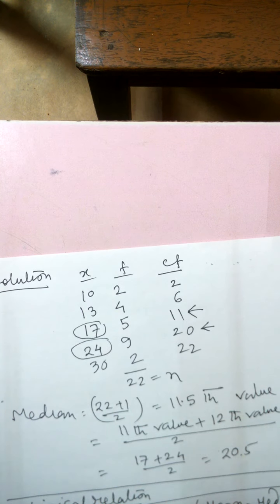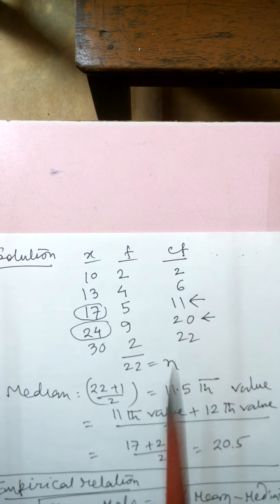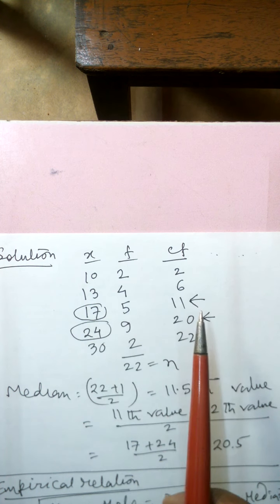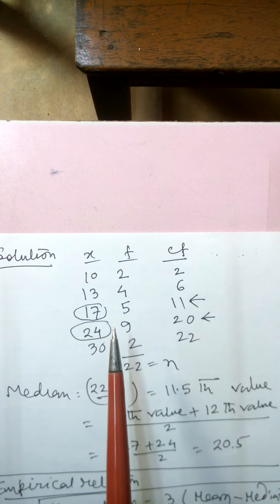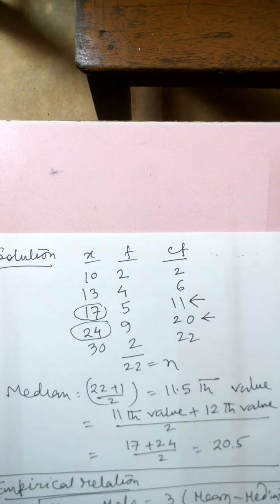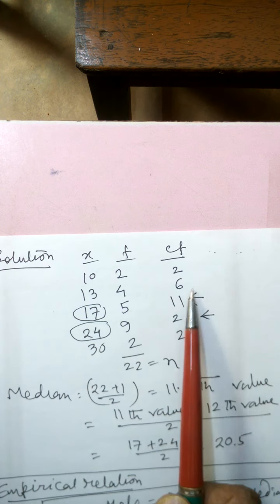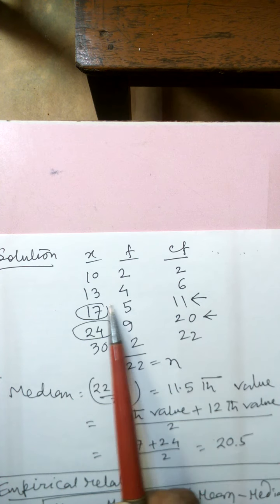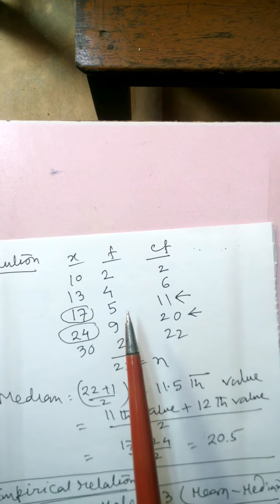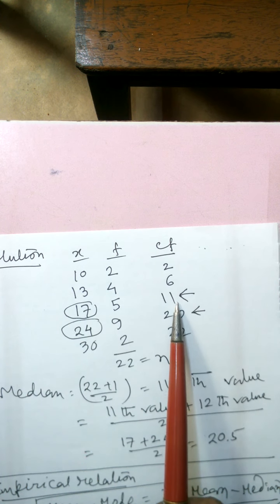Cumulative frequency means frequencies are added: 6 plus 5 is 11, then 11 plus 9 is 20, and then 2 plus 20 is 22. Similar to last time, we have 22. But in this case (22 plus 1) by 2 is 11.5, and that is a problem because the 11th value is 17, but the 12th value is not in this cumulative frequency.